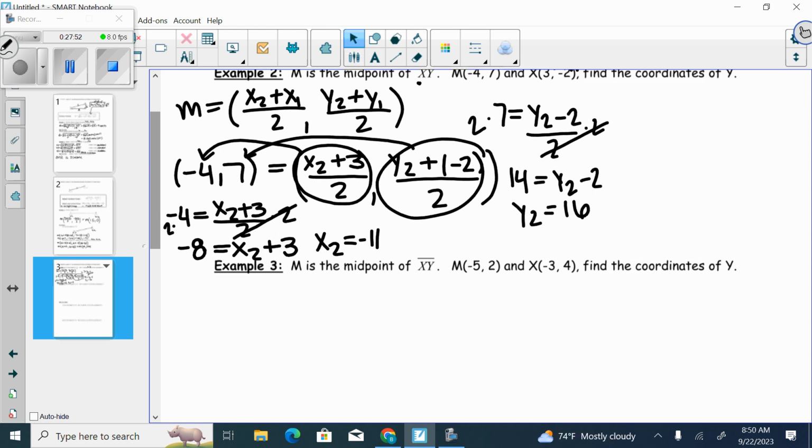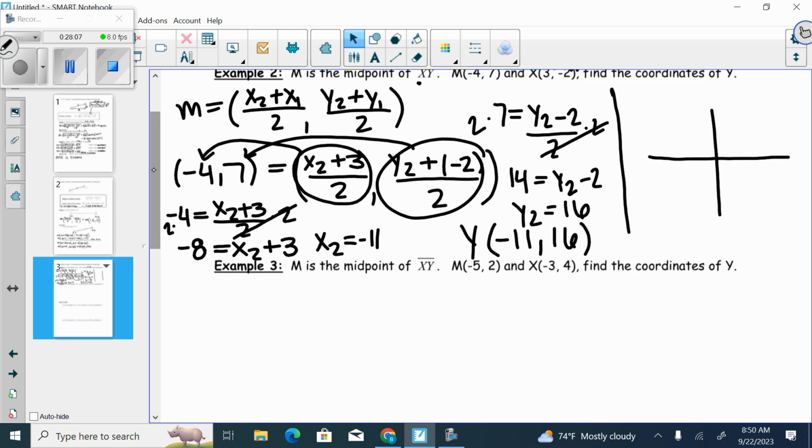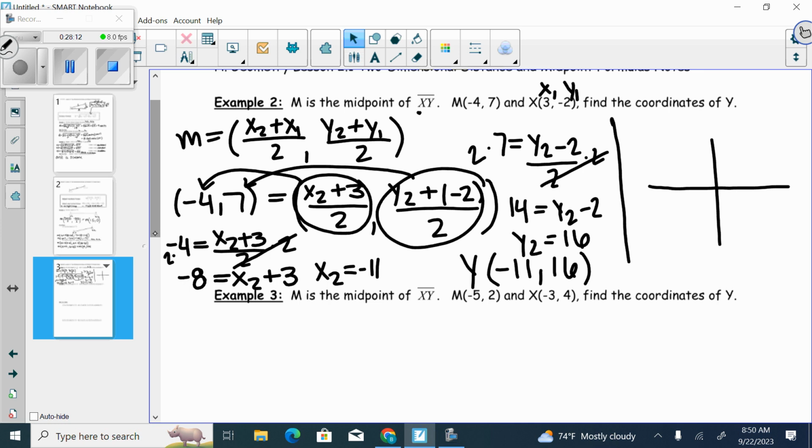Very good. So that would mean that the missing coordinate is at -11, 16, right? Okay, so let's think about that for a second. Let's see if that even makes sense. So if this was my coordinate plane, my midpoint I said was at -4, 7, so that'd be somewhere over here, right?